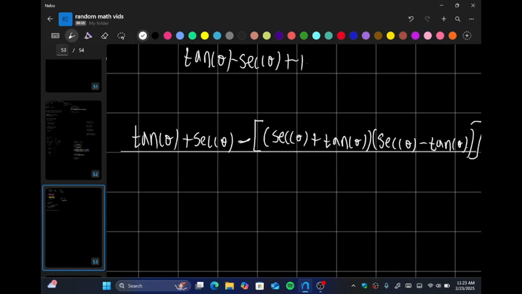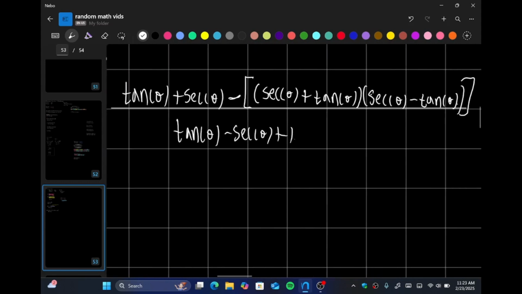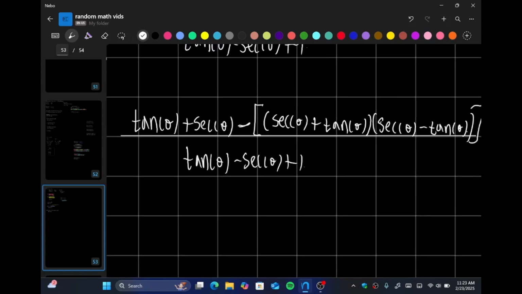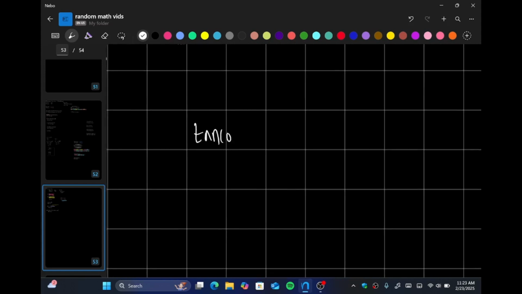I'm sorry, tan theta minus secant theta plus 1. So the bottom stays the same. We're not going to really mess with the bottom. Eventually it's going to cancel out. So here's the thing. We are going to take out a secant theta plus tan theta. Notice that tan theta plus secant theta is the same as secant theta plus tan theta. You can rewrite it this way if you want.